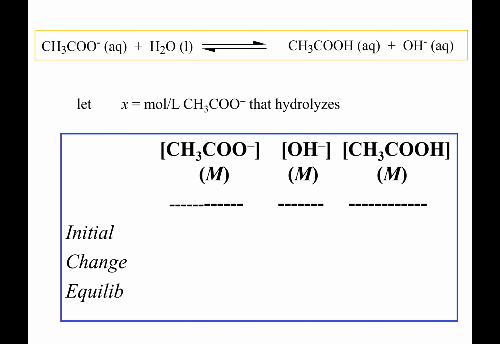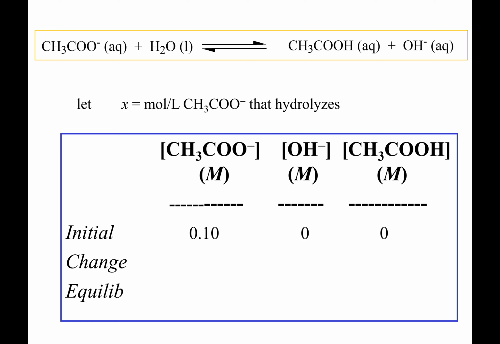Here's our ICE table, and you're like, well, how do things fit in? Remember we have this 0.10 moles per liter. We're going to say that is our initial, and we don't have anything of the other two, kind of like we did with our weak acid. So this is a weak base, and we made it 0.1 molar, and then we put in our x's.